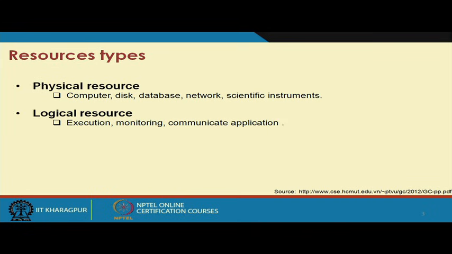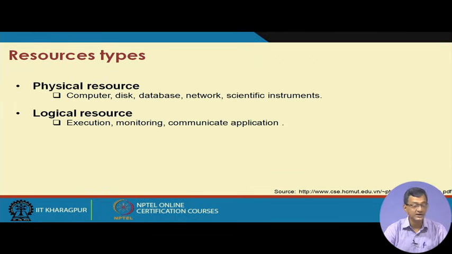There are other logical resources, like applications such as communication applications and other applications, executions of processes which execute on the CPUs, and monitoring and management of the things, right. So, these are monitoring tools, management tools, etc. These are different other resources.